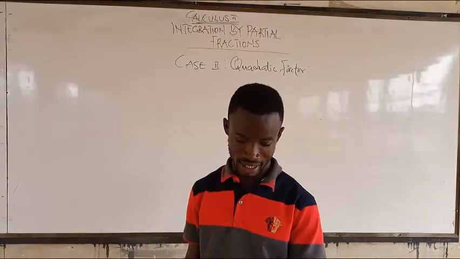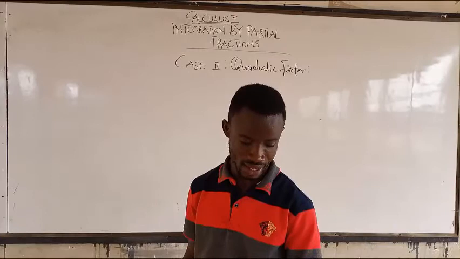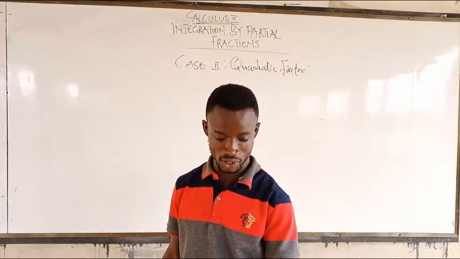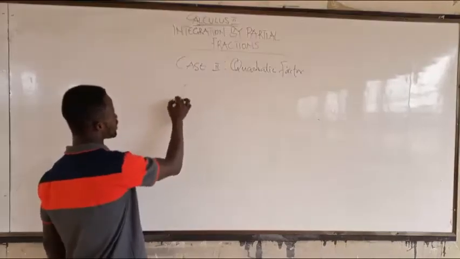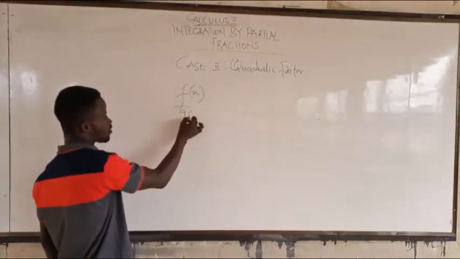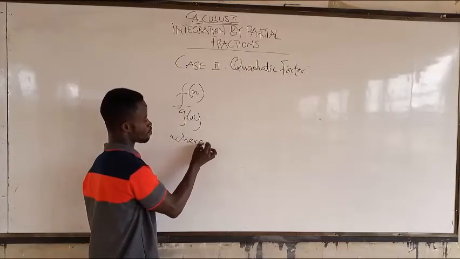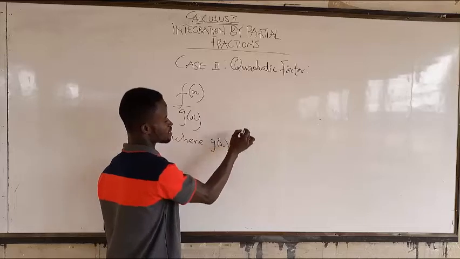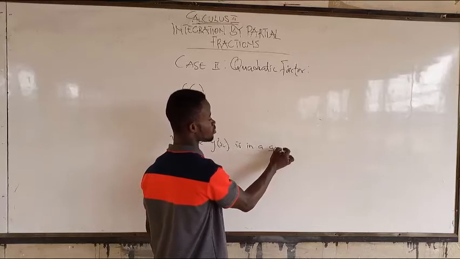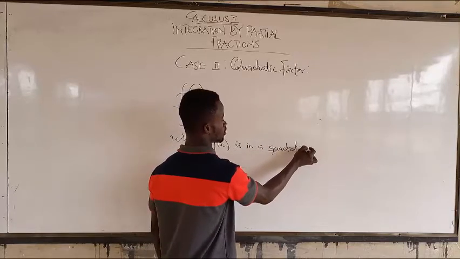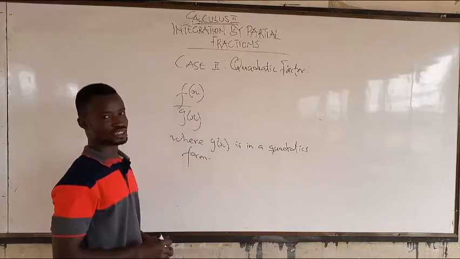And for the quadratic factor, it's not that difficult, it's simple. It's the same idea. We are going to have a function over another function, but this g of s is in a quadratic form.